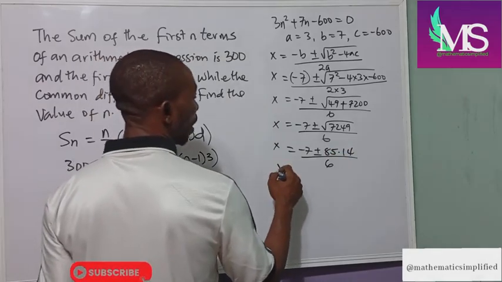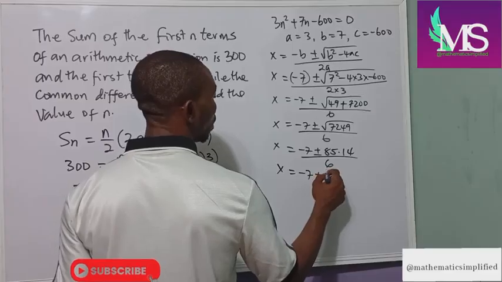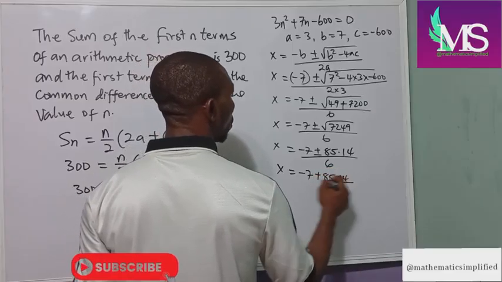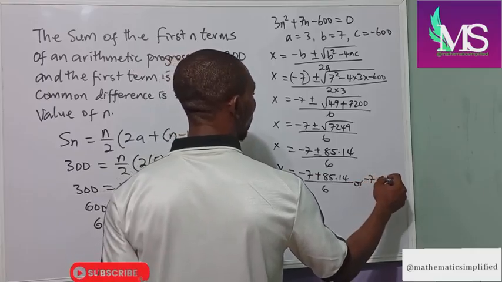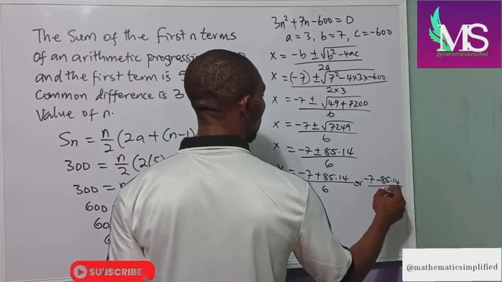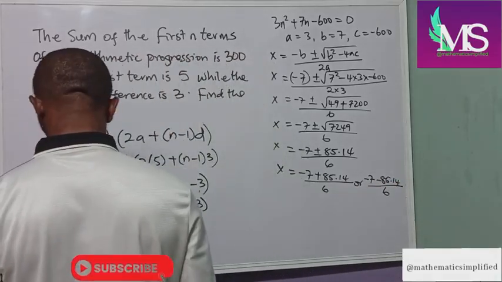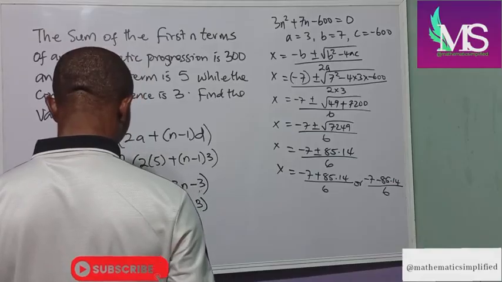So this will become x equals minus 7 plus 85.14 over 6, or minus 7 minus 85.14 over 6.